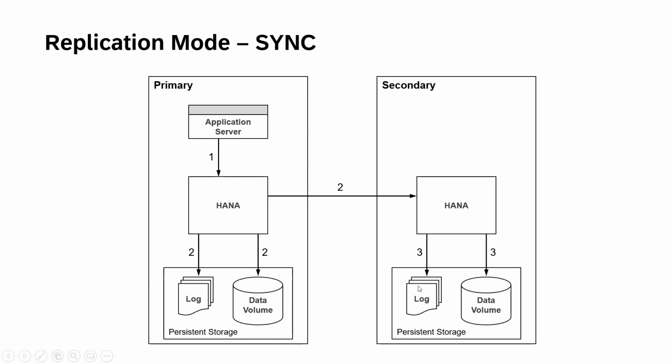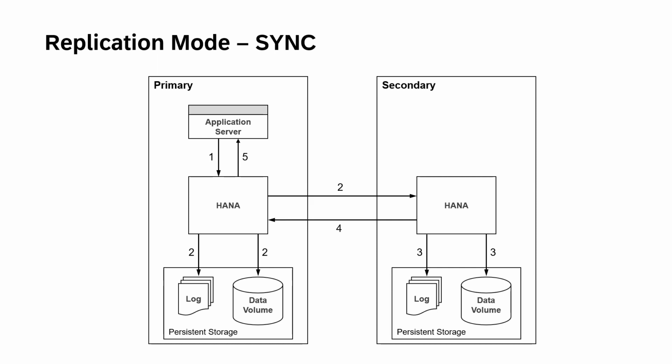The secondary system updates its log files and data volume, and after updating, it sends an acknowledgement packet to the primary HANA instance: okay, I have written all the changes you have given me in my persistent storage. After the primary instance receives this acknowledgement packet from the secondary system, only then does it give the acknowledgement to the application server that all the data has been written to the database. Do you get this? Is it clear to you, everyone?